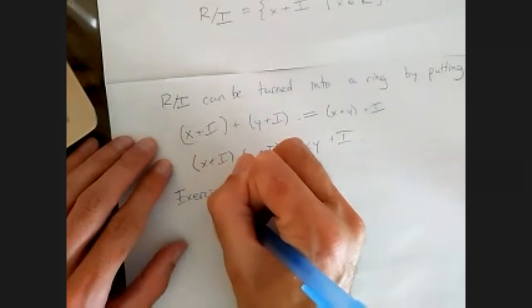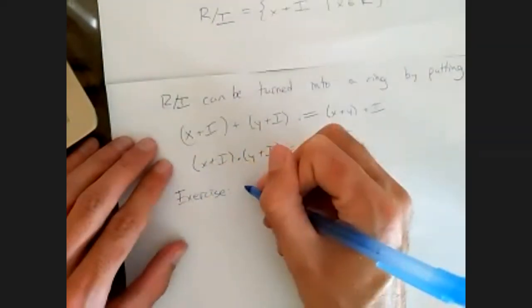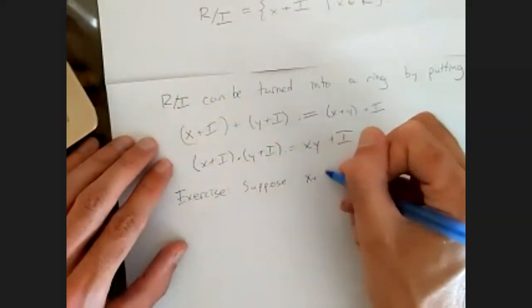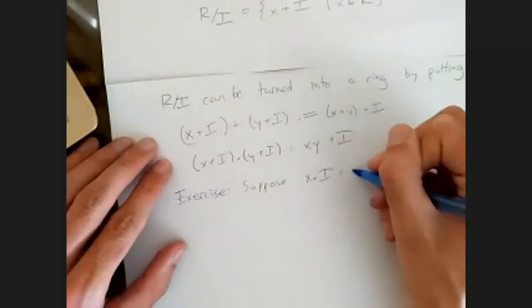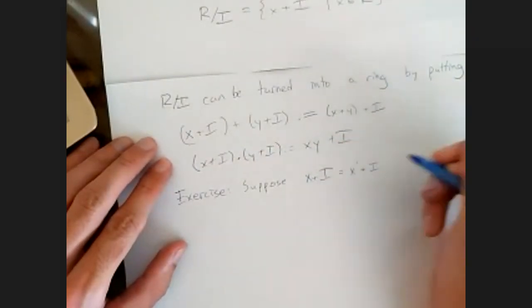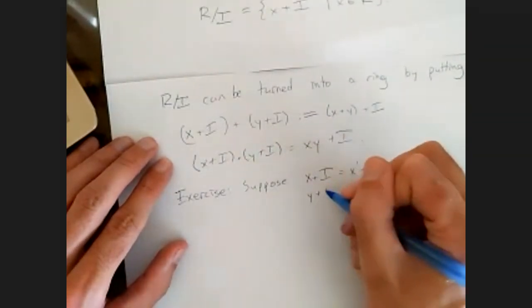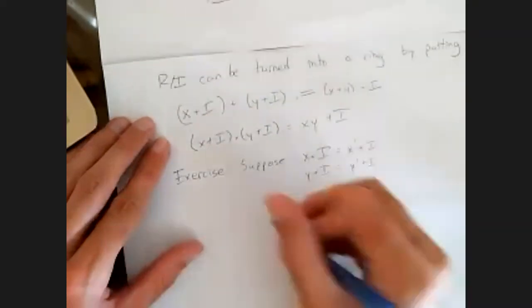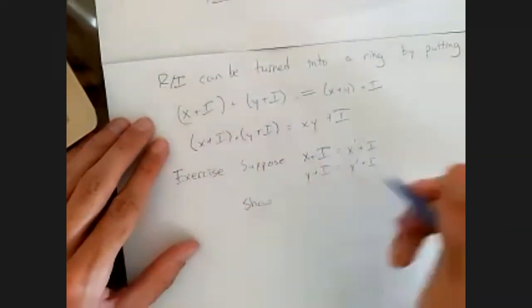Suppose the coset of x and x prime are equal, and the coset of y and y prime are equal.